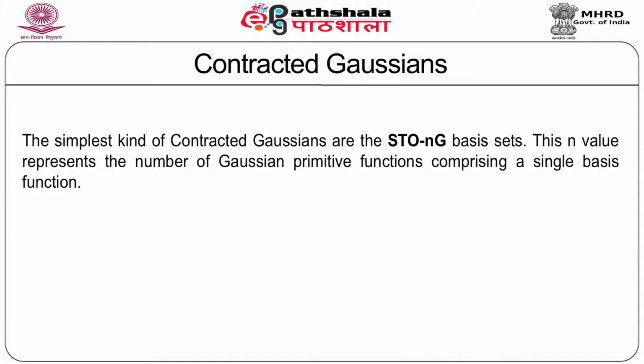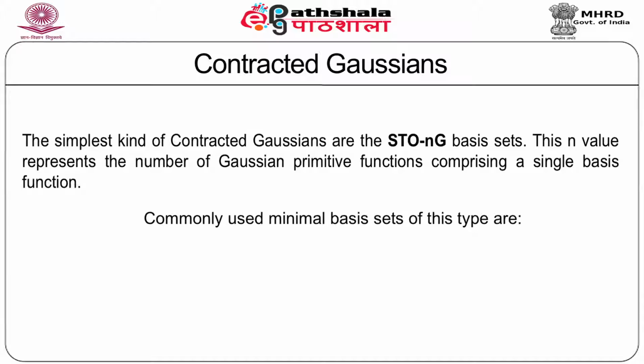The simplest kind of contracted Gaussians are known as STO-NG basis sets. There, the N value represents the number of Gaussian primitive functions comprising a single basis function.